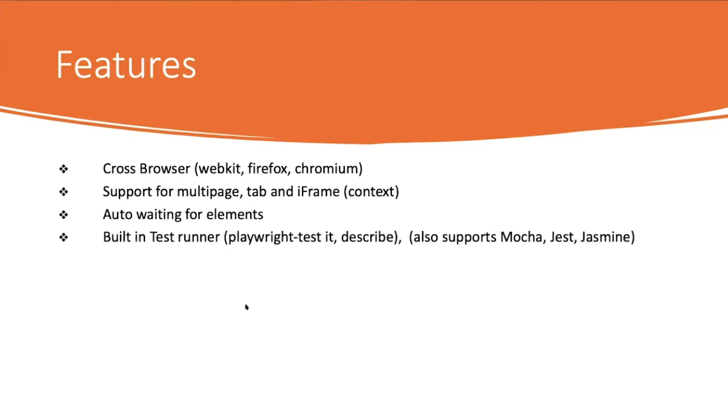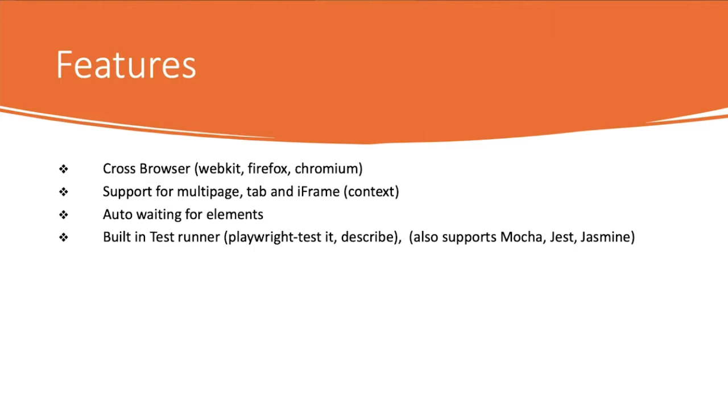So Playwright has got its own test runner. It's part of a separate library called Playwright Test. And that allows you to use the it and describe features you might be familiar with from test runners such as Mocha and Jest. But not only can you use Playwright Test, it does also support Mocha, Jest, and Jasmine as well.